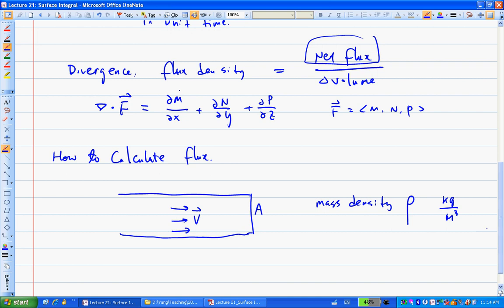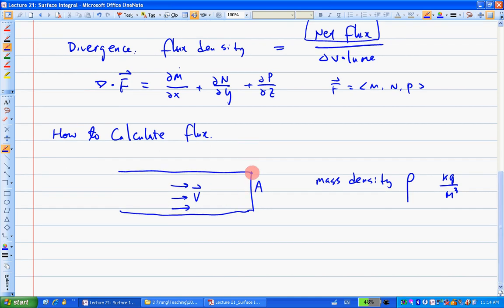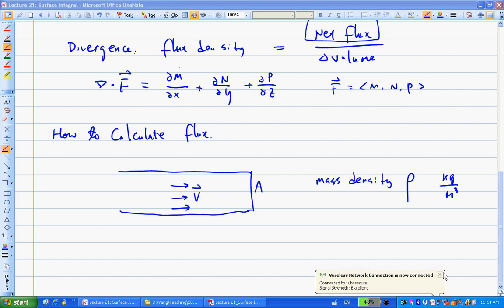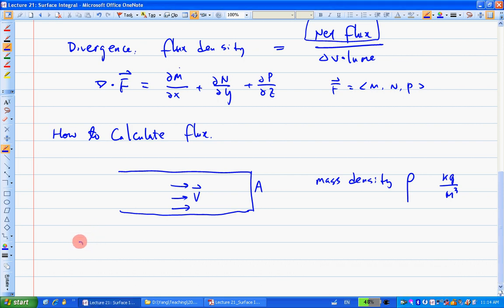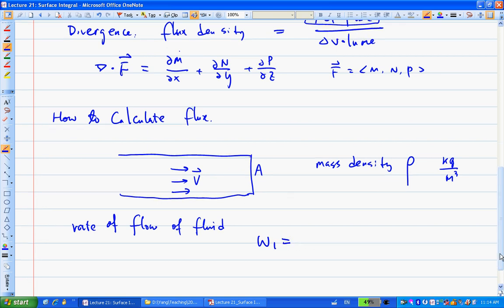So then, if we're interested in the flux, basically interested in how much fluid is passing through this cross section A in unit time, right? So how do we calculate it? We're going to calculate the so-called rate of flow of the fluid, and let's use W1 to call this rate of flow of the fluid.